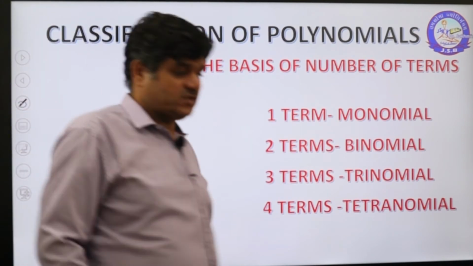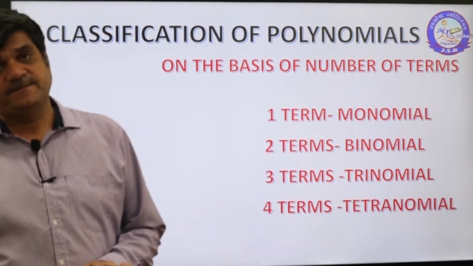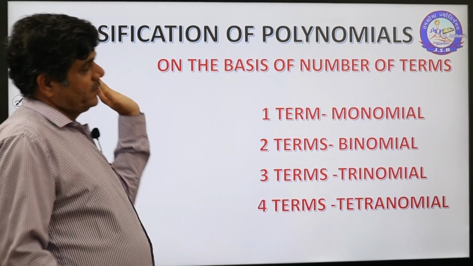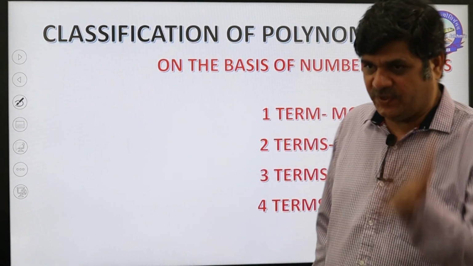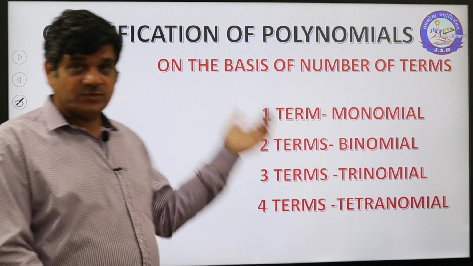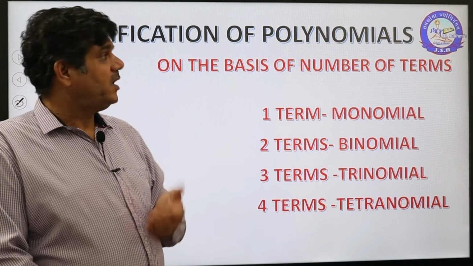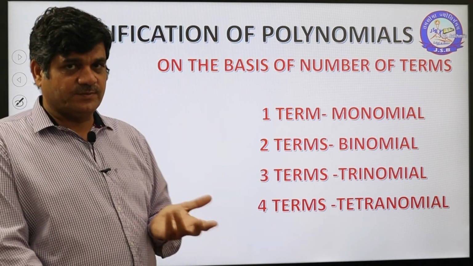So now we have to study about how these polynomials are classified. Basically polynomials are classified in two different ways. One is on the basis of number of terms, how many terms a polynomial has. Other is on the basis of their degree. Let us first come on the number of terms.